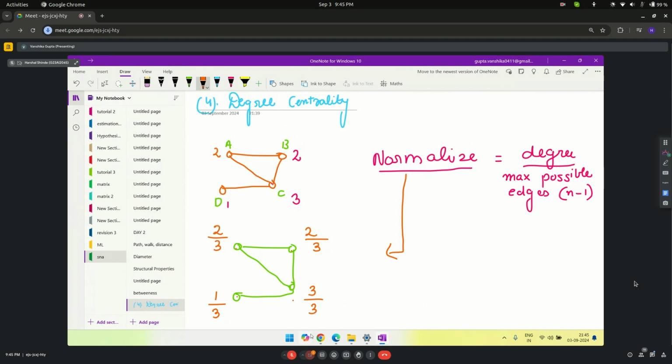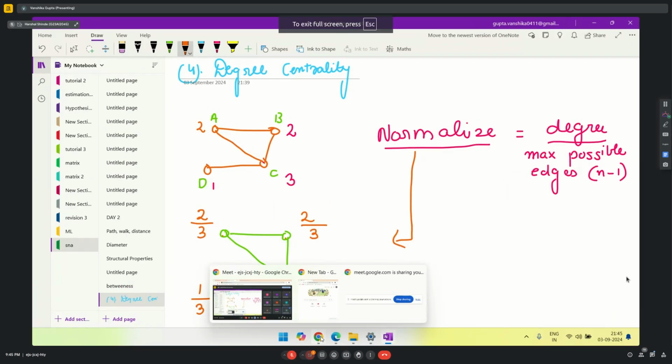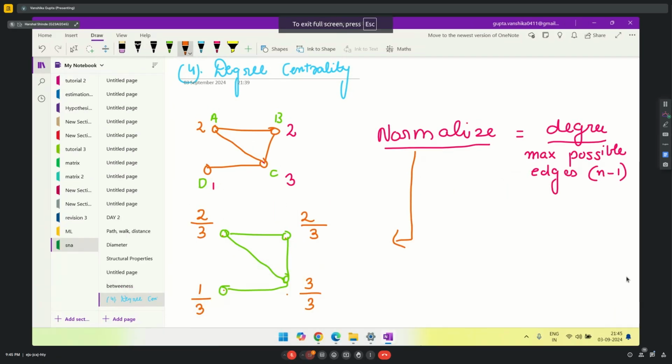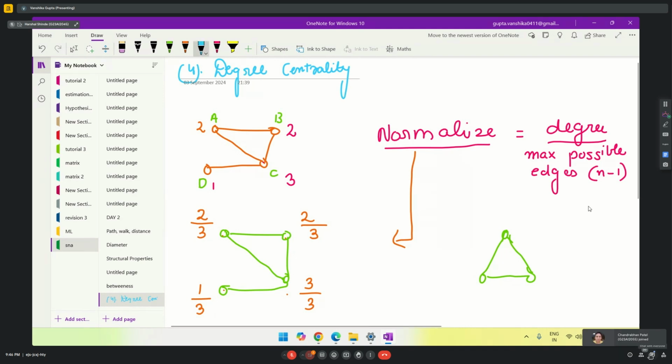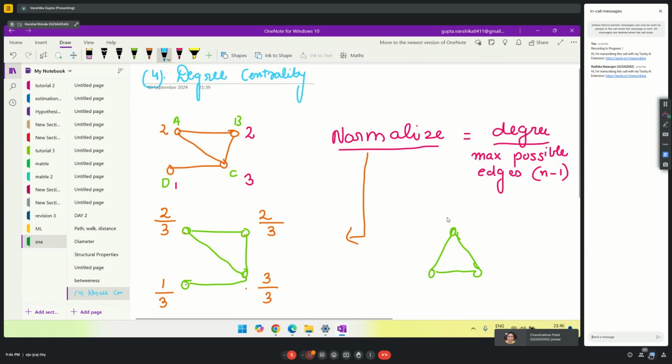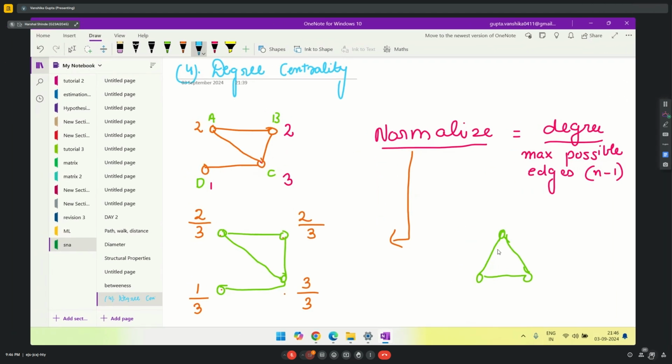Vanshika, if we have, let's say, a triangle, then the nodes are going to be three, and the edges are also going to be three. Maximum possible edges are three in this case. So for this one, how will that justify this n minus one thing?